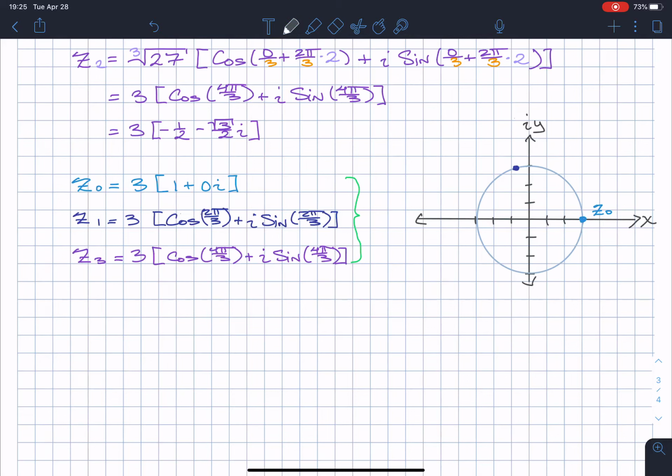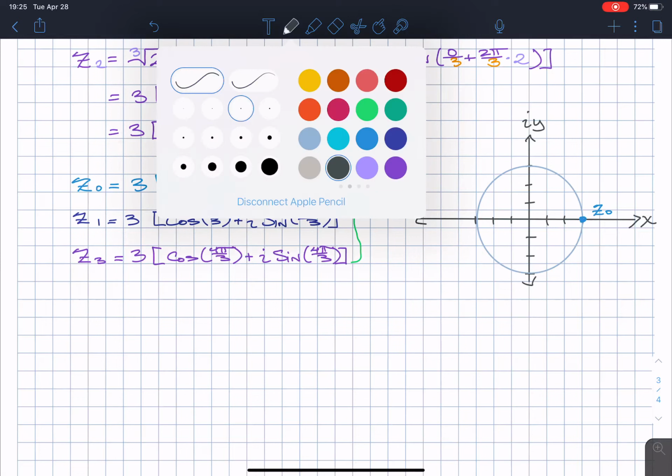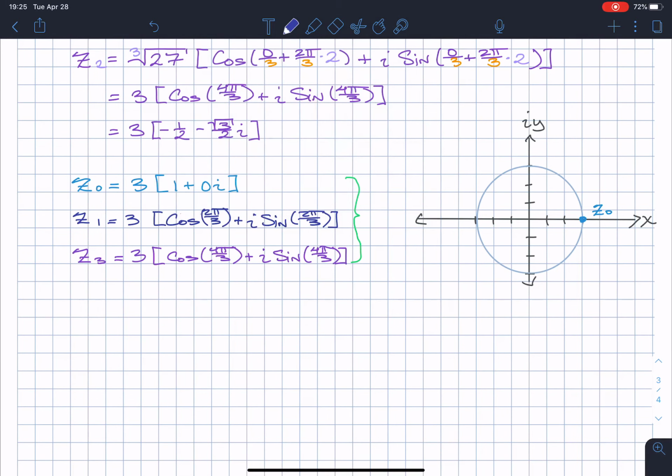So here is my z sub 1 right up here. Let me make this a bit better. Okay, so this is the iy axis. If I were to distribute that 3, it would be about here. That looks better. So z sub 1 there.